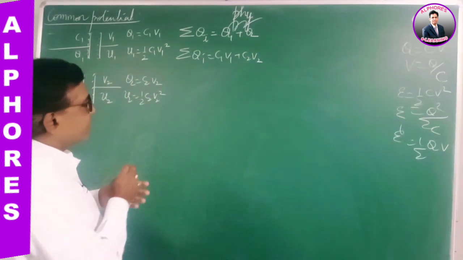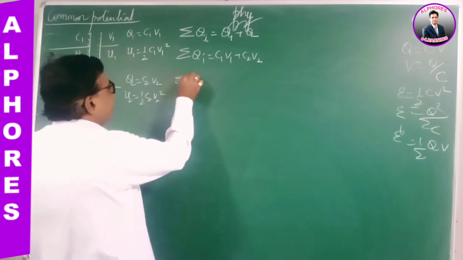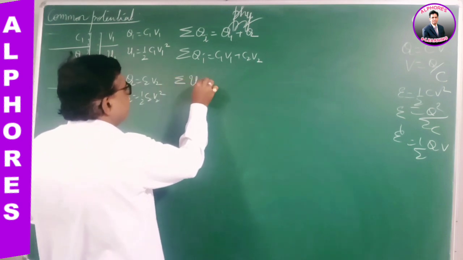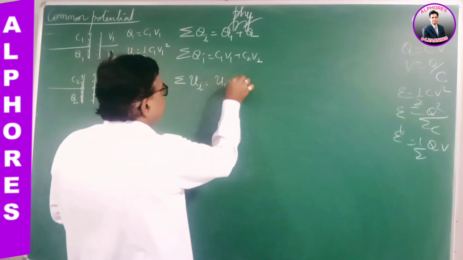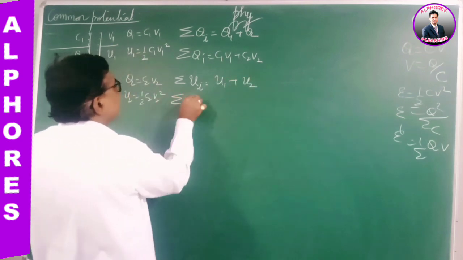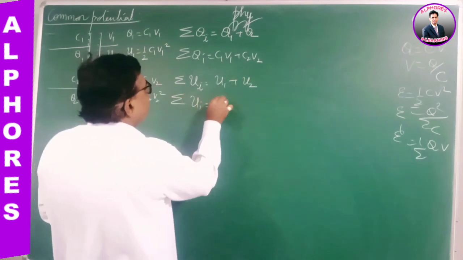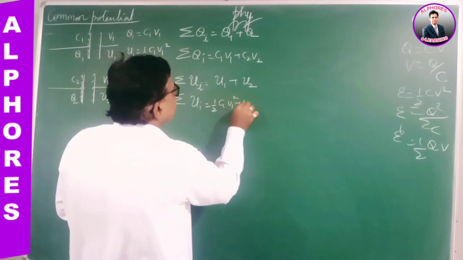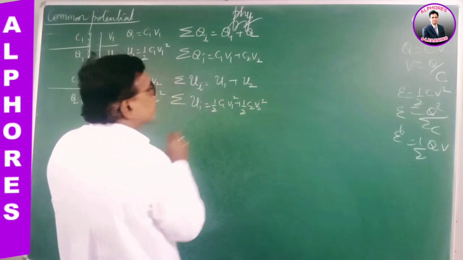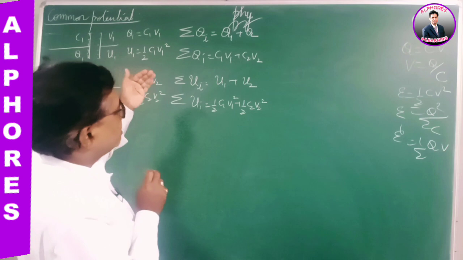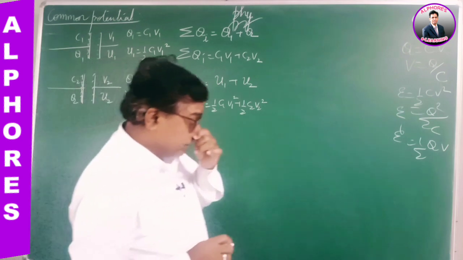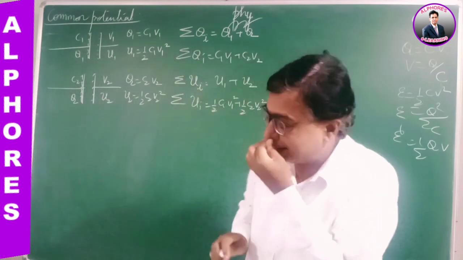Similarly, the total initial energy is U1 plus U2. Sigma U is half C1 V1 square plus half C2 V2 square. That is the total charge and the total energy.